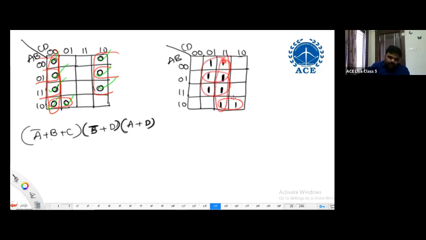Once again, if you are observing, essential, essential, essential, this is becoming non-essential and also redundant. Why? If you are observing this grouping covering minterms, this one is by essential, these two are by essential, this one is also by essential. It is covered by essentials only. Then this vertical one is becoming redundant. Yes. Let me write a minimal expression. What is it here? A B bar C plus B D plus A bar D.